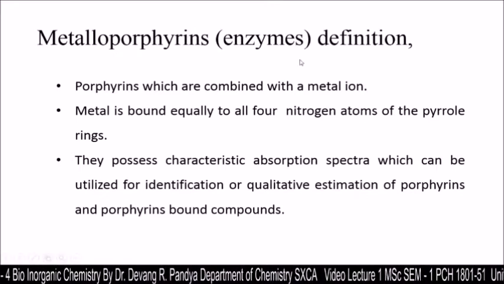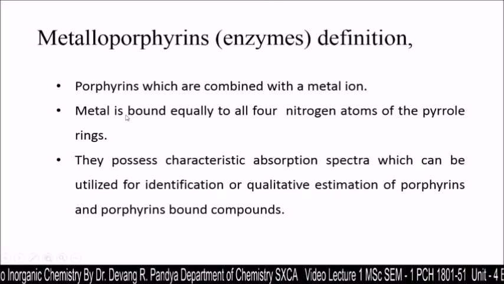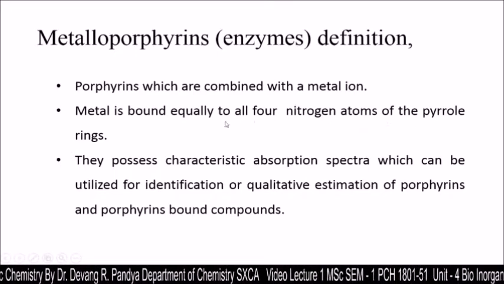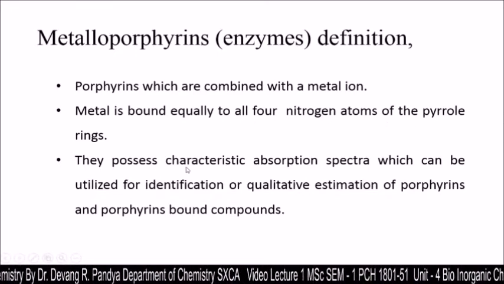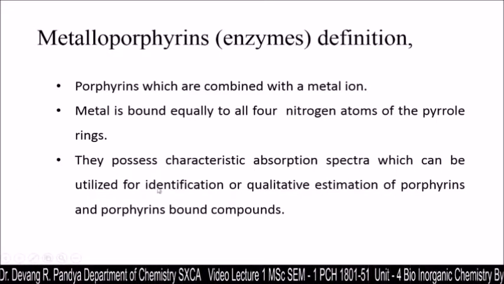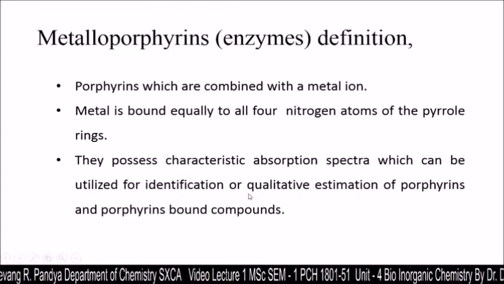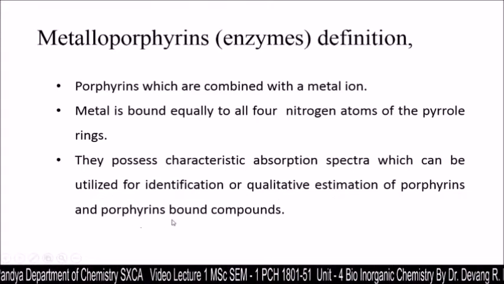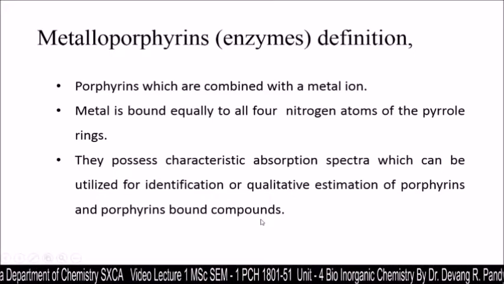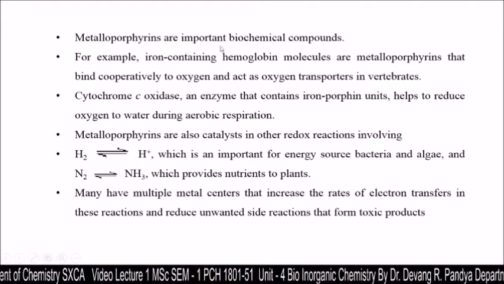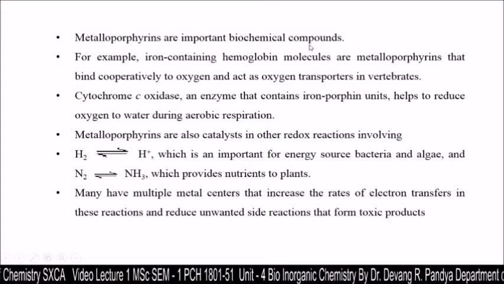Metalloporphyrins are porphyrins which are combined with a metal ion. The metal is bound equally to all four nitrogen atoms of the pyrrole rings. They possess characteristic absorption spectra which can be utilized for identification or qualitative estimation of porphyrin and porphyrin-bound compounds. Metalloporphyrins are important biological compounds.